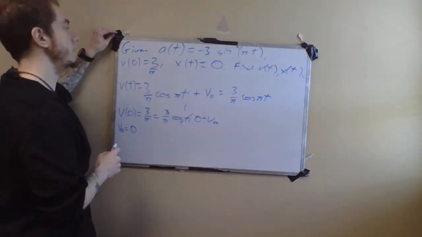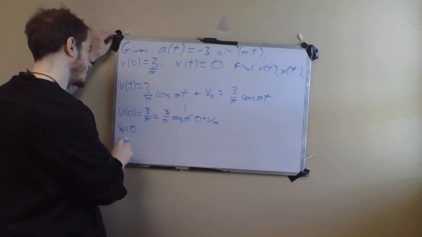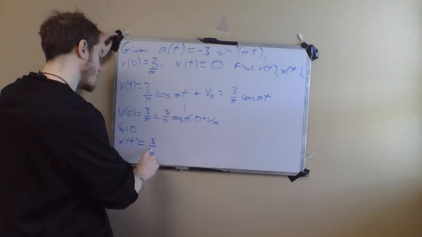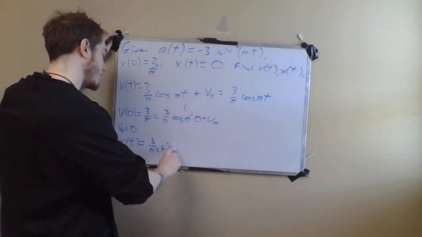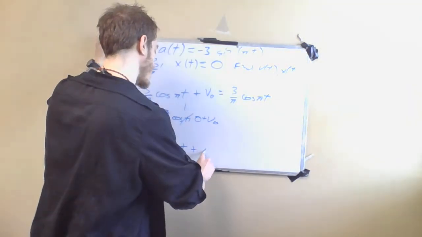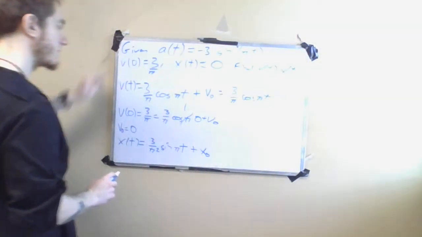So then we're going to solve for x of t. And so we're going to say that x of t is going to be 3 over pi squared sine pi t plus some constant x0.